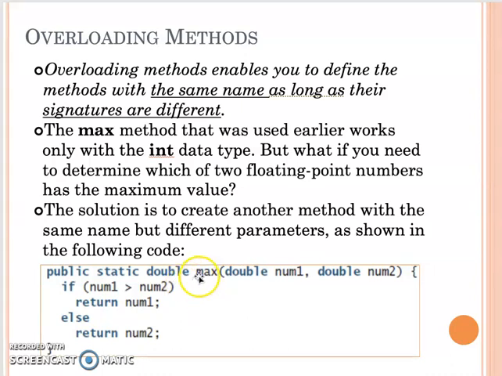These two max methods, one with two double variables and the other with two integer arguments, are overloaded methods because they have the same method name, but their arguments are of different data types, even though both pass two numbers.